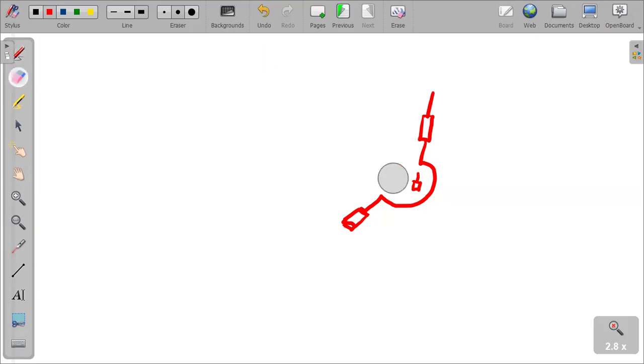Let me try to draw it nicely. Straight line here, and this one goes up. This one goes up as well. And then we have the other side. There is an interconnection here with another resistor as well.